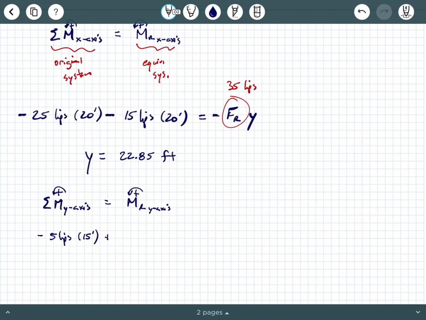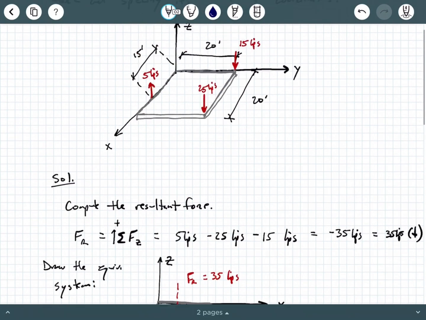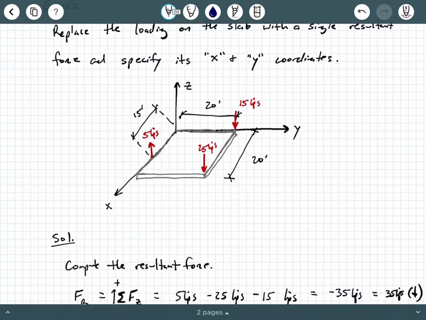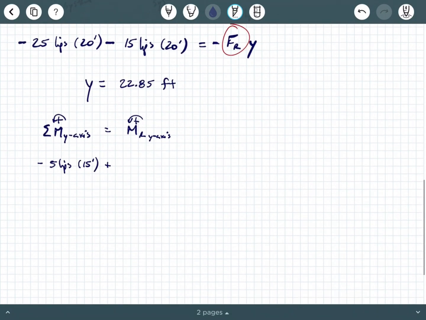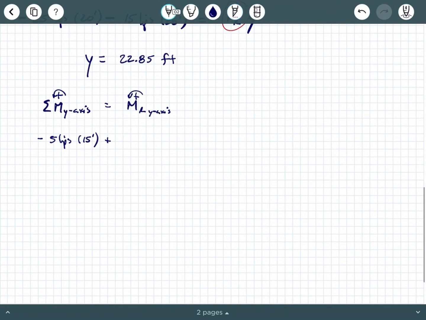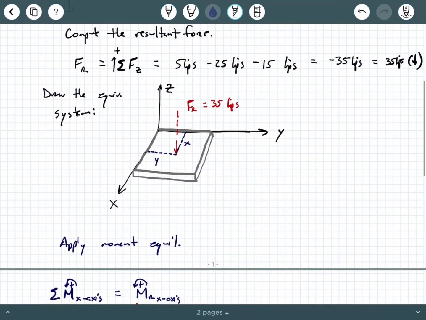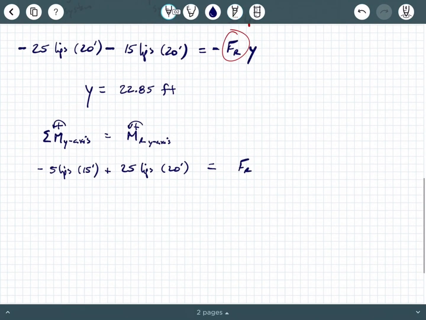So I'm going to have -5 kips times 15 feet plus, what was that value? 25 kips times 20 feet equals the resultant force, F sub r. Now, when F sub r is rotating through this distance x, it's going to cause a counterclockwise tendency of rotation, so that's going to be positive, times x.